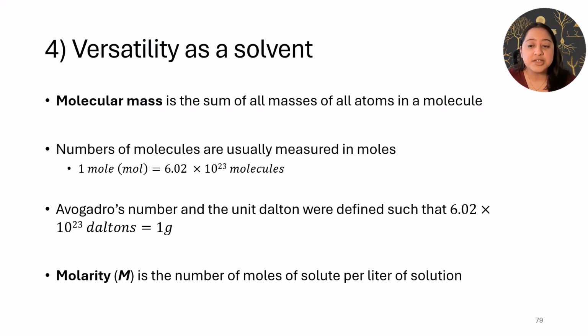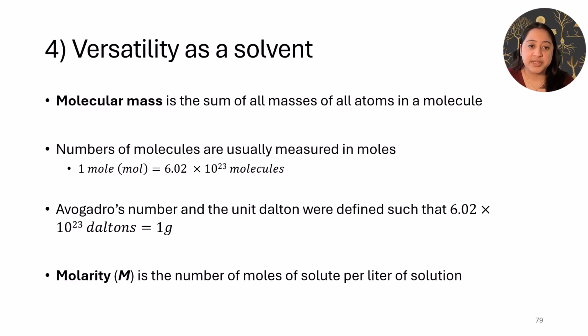This is definitely relevant to biology. You're going to get this a lot more in a chemistry course, but it's still important to talk about, especially if one day you want to go into research or the health field, you're going to have to know some chemistry like molarity and things like that.